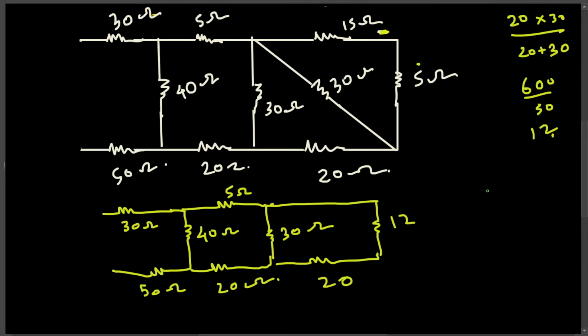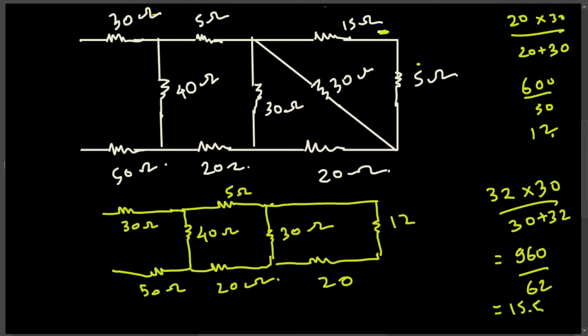Product over sum: 32 times 30 divided by 30 plus 32. That is 960 divided by 62. That's what I actually found out. That's 15.5 here. And then okay, the 15.5 is right here.